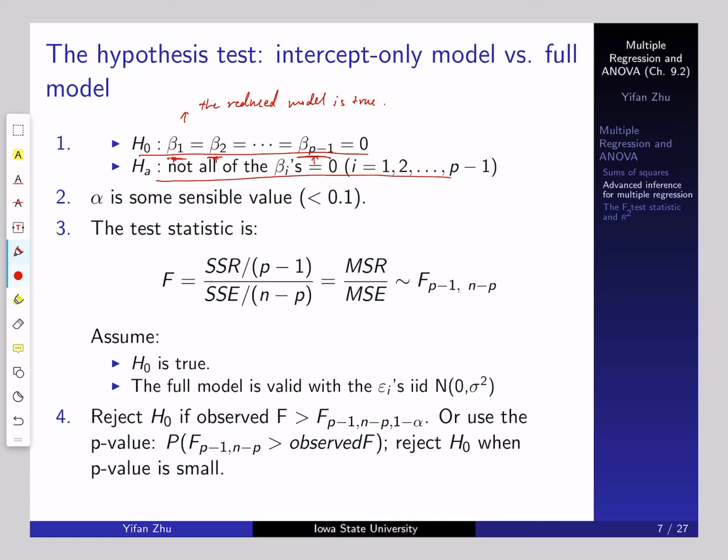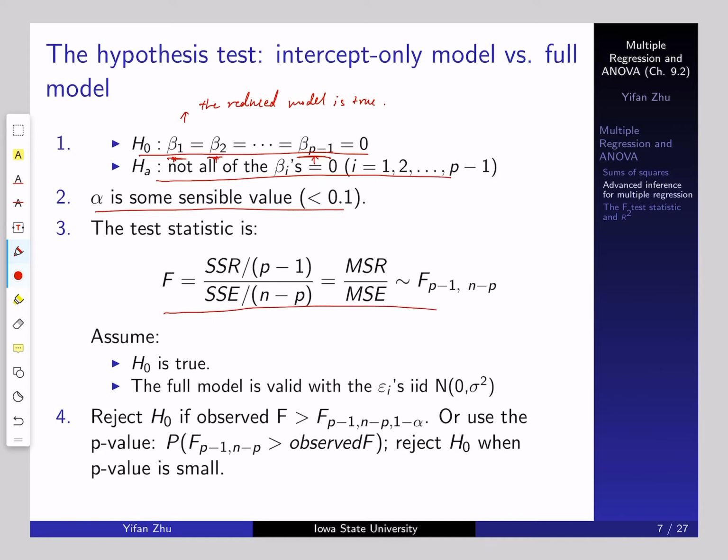And for some alpha significance level, this is the test statistic we'll be using.